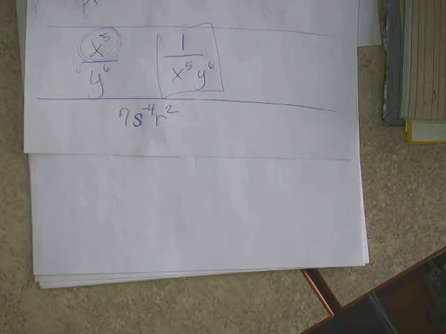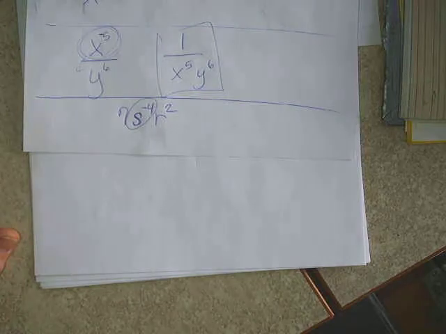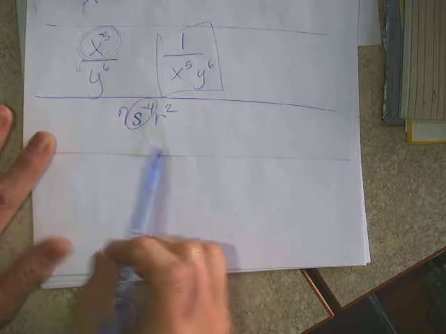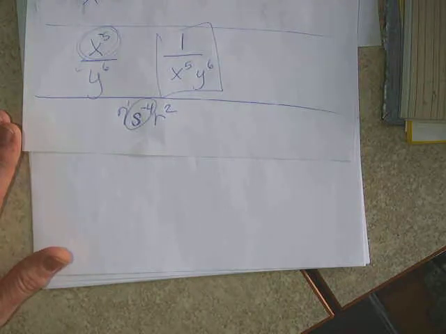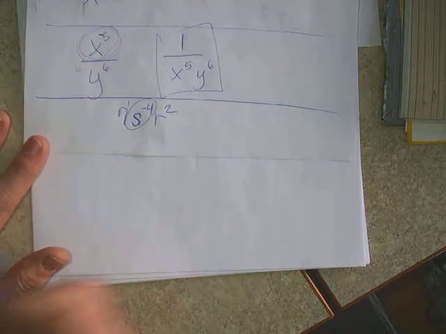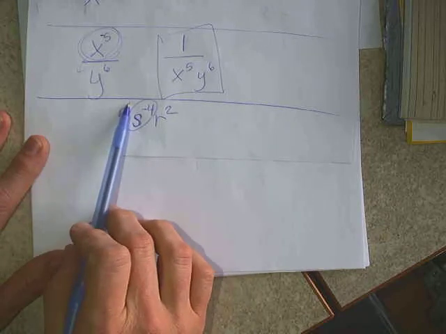So you should look at the big picture, determine which one or which ones are actually problems. So what is the problem or problems? That's negative 4. This is the only one that's an issue, right? So 7 and r squared.